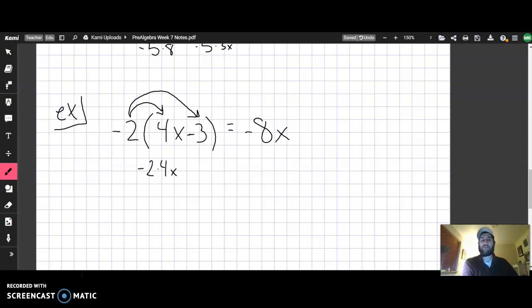Next, we have the negative 2 times negative 3. Well, 2 times 3 is 6. We can take care of our numbers first. Then we have a negative times a negative. And when we're multiplying, that's when two negatives make a positive. And so negative 8x plus 6 is the result we were looking for.